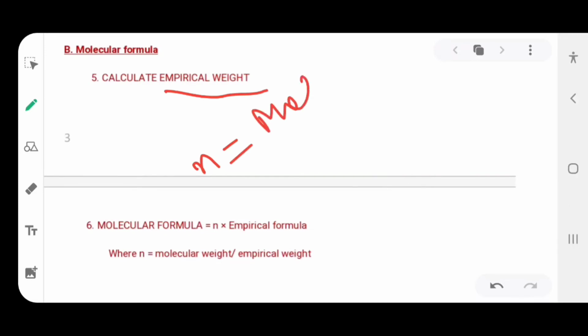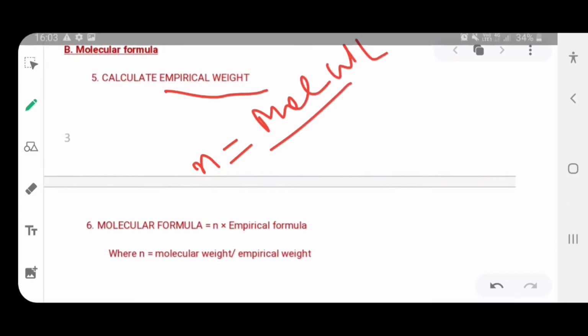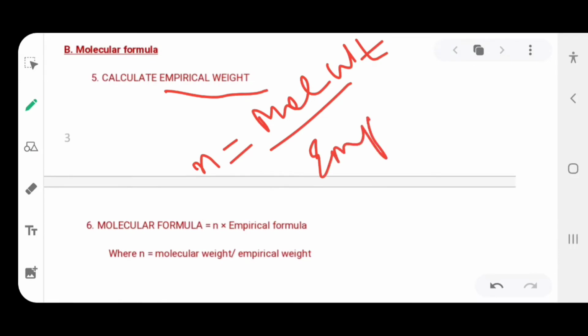N is equal to molecular weight divided by empirical weight. Every compound has its molecular weight and its empirical weight, so when we divide molecular weight by empirical weight, we'll get N. And when we multiply this N with the empirical formula, we'll get our molecular formula.